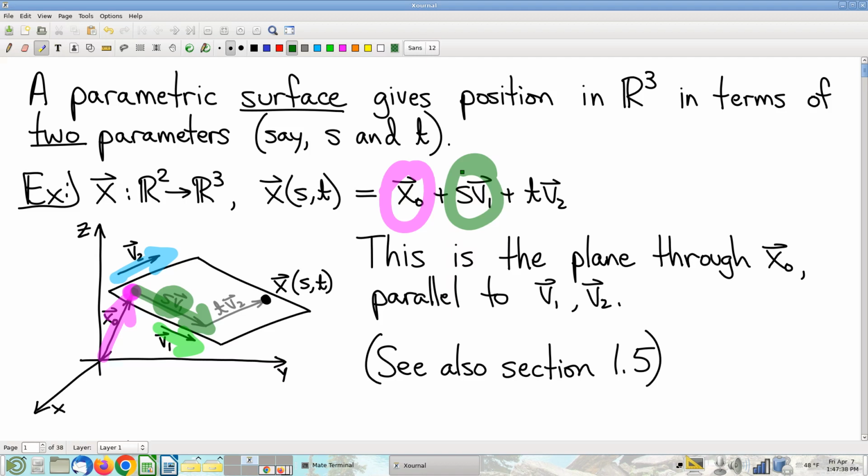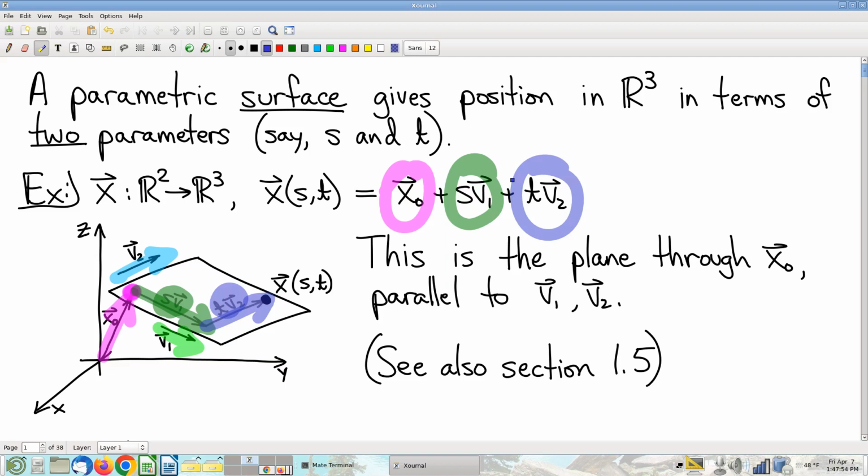Right? And then likewise, a scalar multiple of the second direction vector, again, still keeps you in the plane. So you start in the plane, you move parallel to the plane, then you remain in the plane.